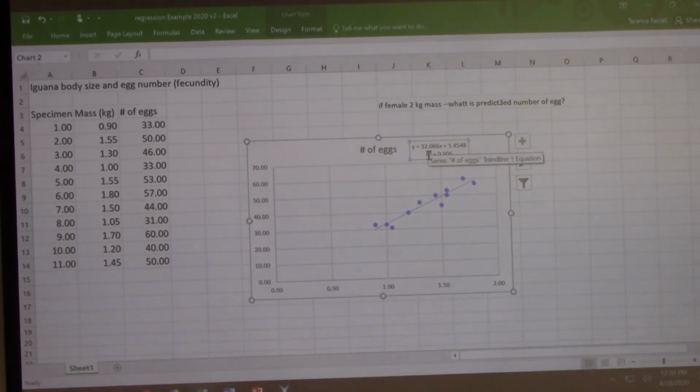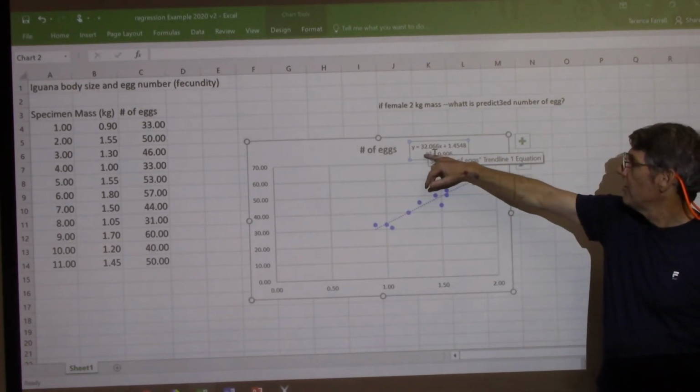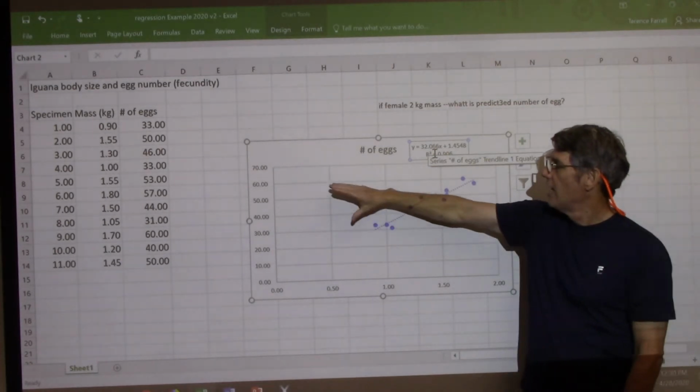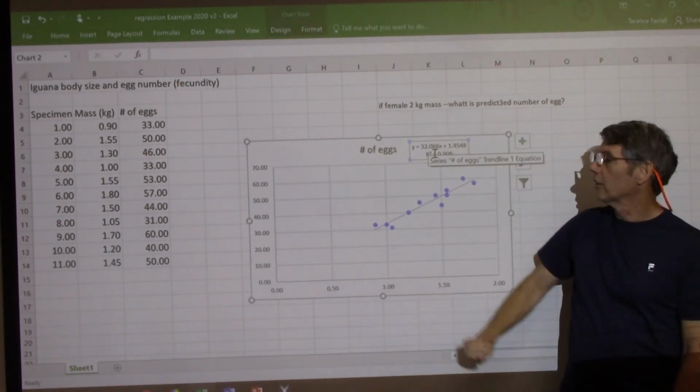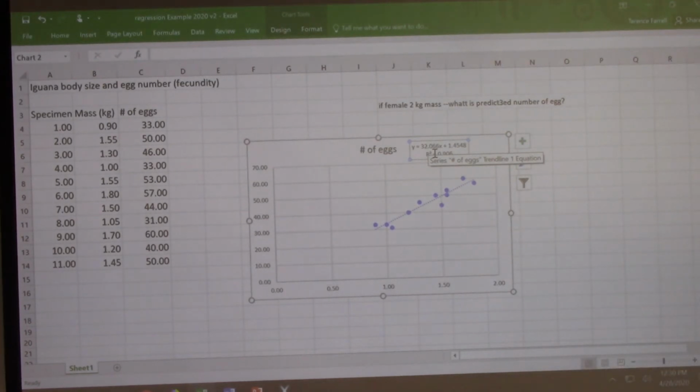So the slope here is 32.066. And remember, that has units. It's got units of rise over run, and so it's 32.066 eggs per kilogram of body weight. And then there's the y-intercept, which also has units in terms of eggs.